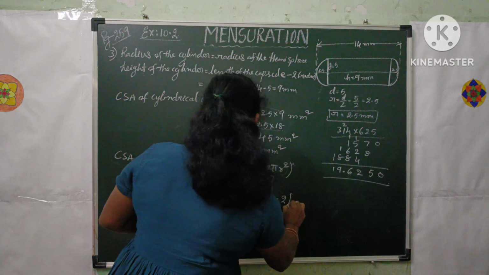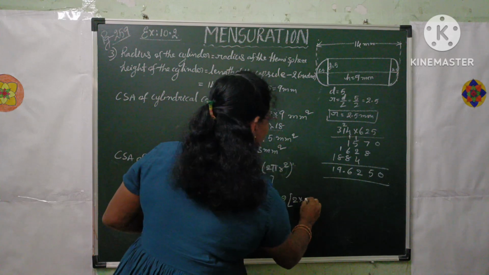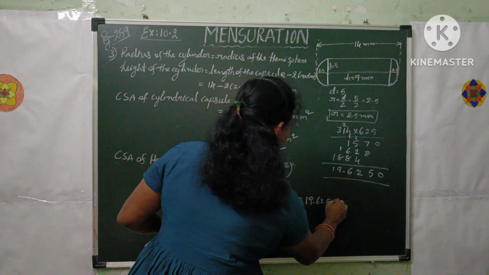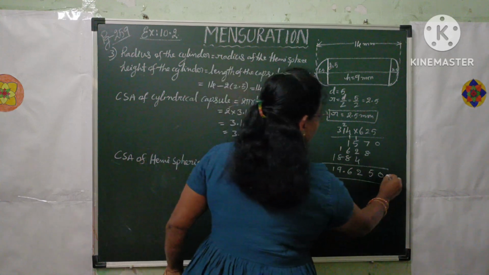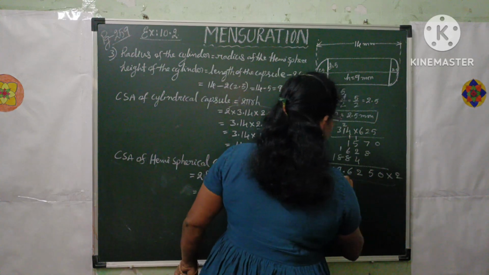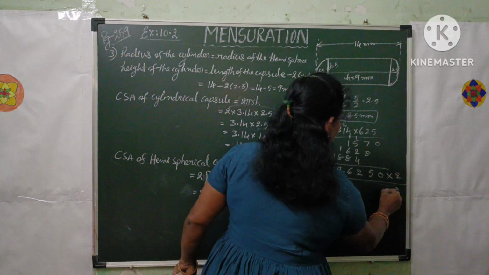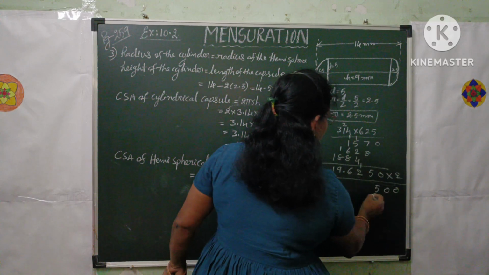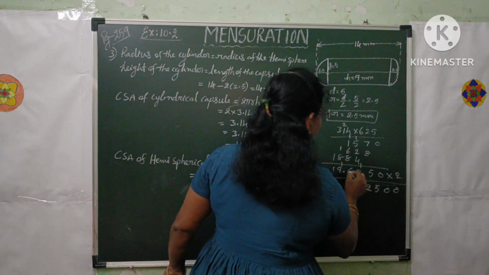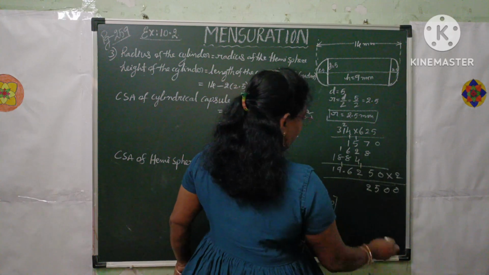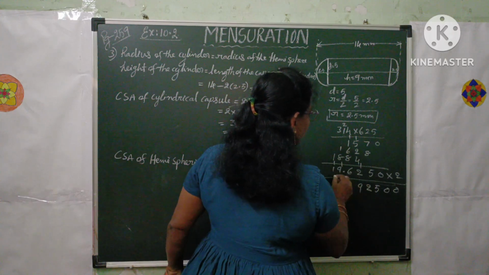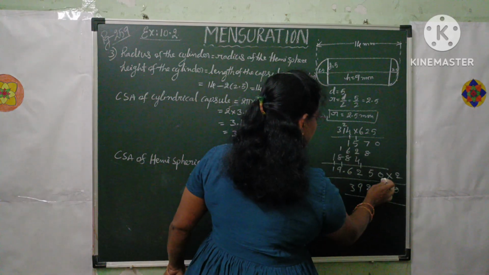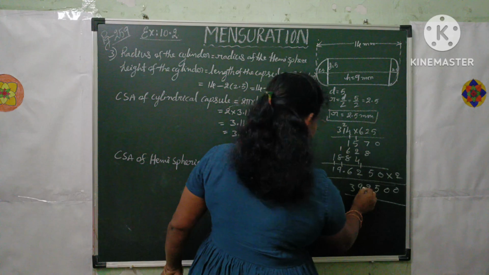So that is equal to 2 into 19.6250, into 2 we do. That is equal to how many decimal places? 1 2 3 4 here.